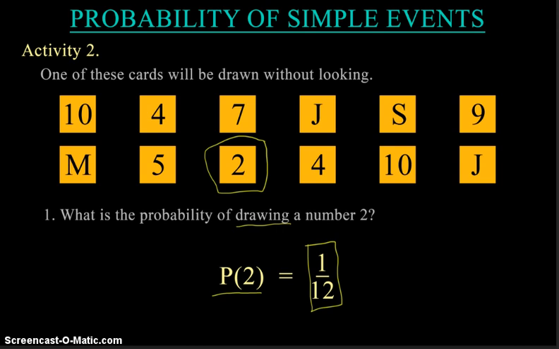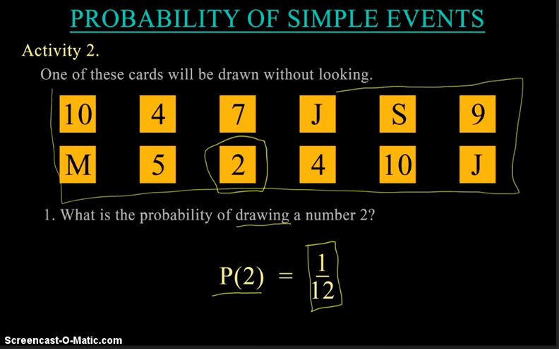Ang total number of cards natin, that is sample space, is 12. And ang number 2 natin dito ay isa lang. So, that is 1 over 12.